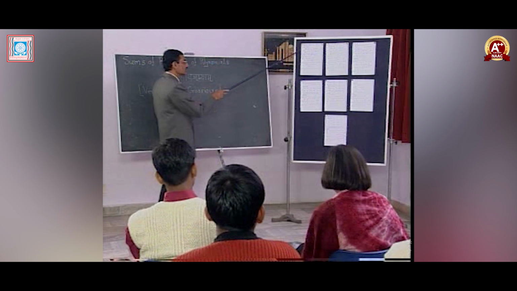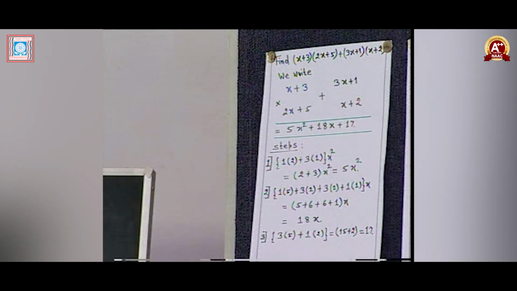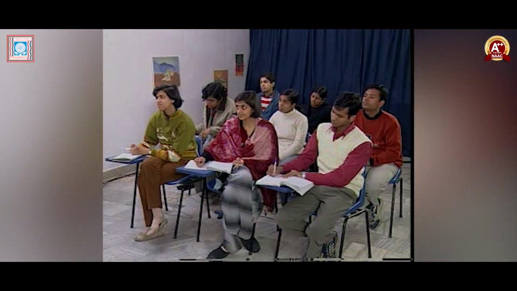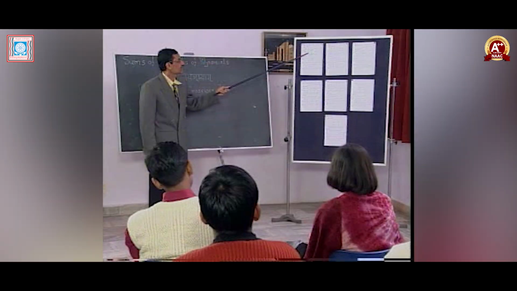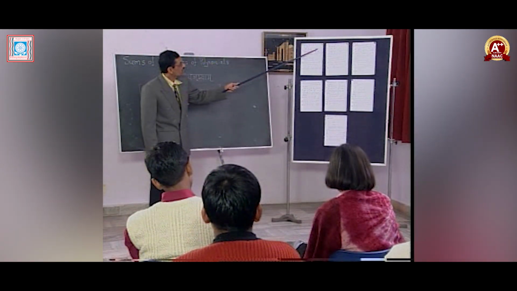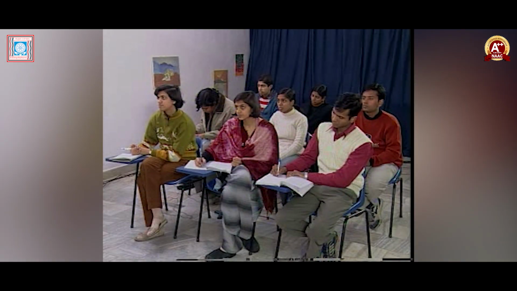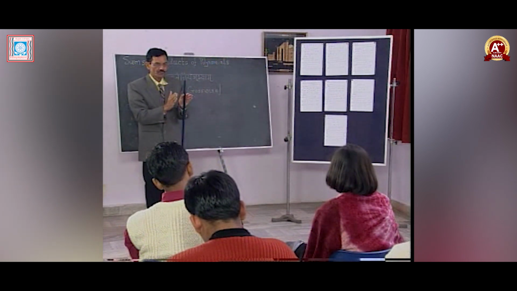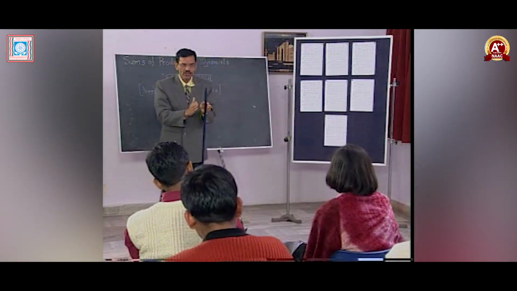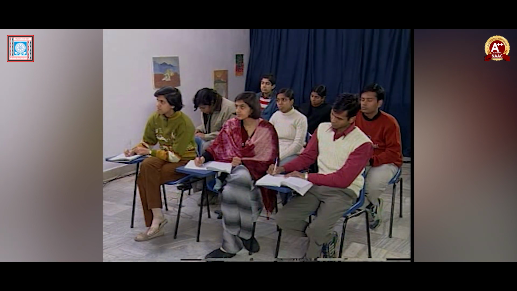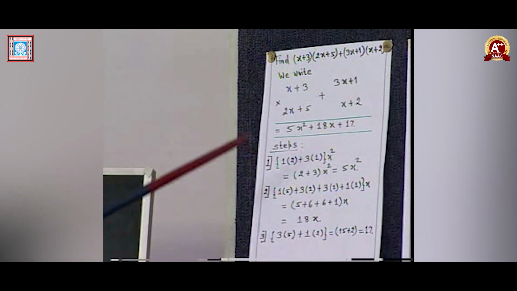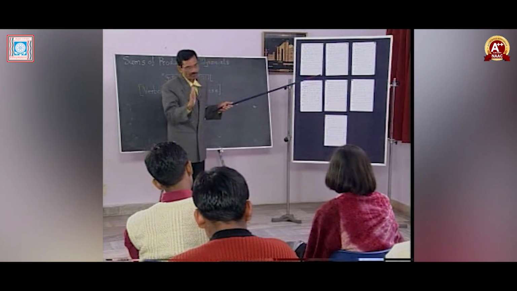So the whole addition and multiplication directly generates the answer 5x square plus 18x plus 17, without individual multiplication of x plus 3 into 2x plus 5 first, then 3x plus 1 into x plus 2 second, and then adding. So again the same idea of multiplication is extended to two terms, three terms. Only thing is, we will take care of the like terms and then add or subtract.